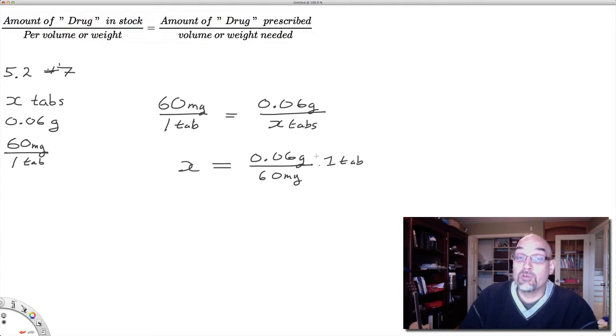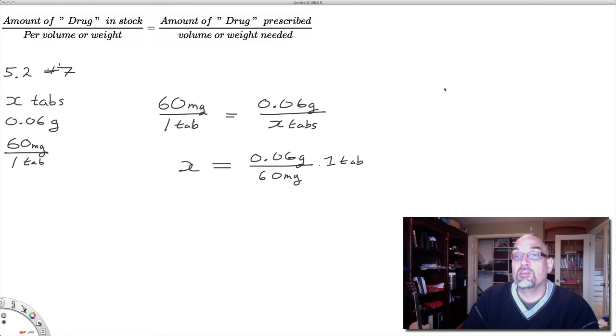Whereas before I had milligrams divided by milligrams, so that just became a pure number, and my answer was number of tablets. Well, last case it was milliliters. In this case, I can see my units aren't going to just vanish because I've got grams over milligrams. So I need to do a conversion.